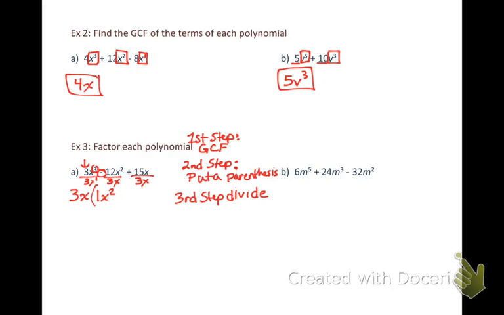Then you put the sign they gave you, minus. And now the next one is 12 divided by 3, which would be 4. And then we subtract the exponents, so 2 minus 1 is 1. So I still have an x. And then I put the sign, which is plus on this one. Then 15 divided by 3 is 5.